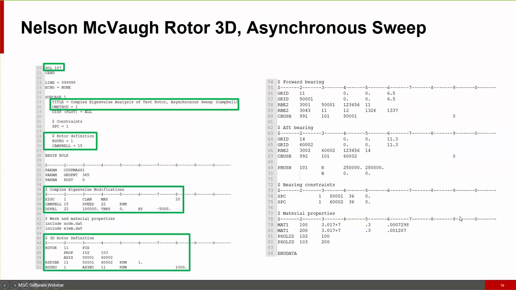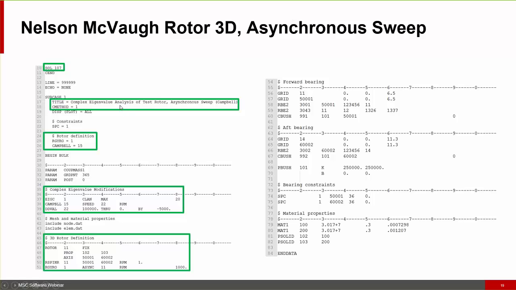Now, I'm going to throw something at you, and for those of you not familiar with MSC Nastran, this may be a little bit of a step change, but for those of you who are familiar with MSC Nastran, this is an input deck as would be passed on to MSC Nastran.